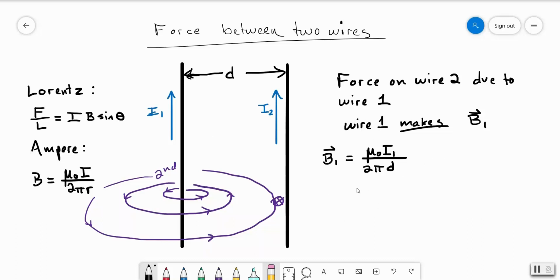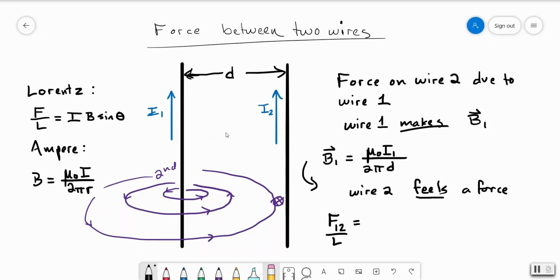Now that we established this, we can say wire 2 feels a force due to wire 1. So this one is going to be the force of wire 1 on wire 2 is going to be equal to, remember, this is given by this equation. Now actually we're going to put that as a force per unit length.